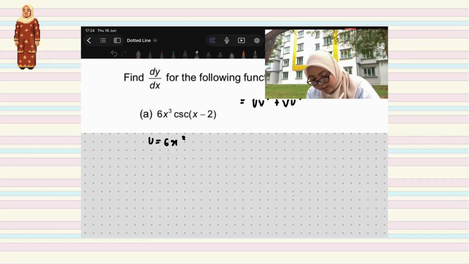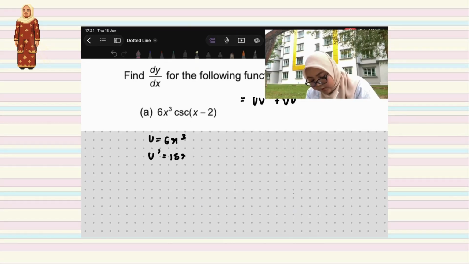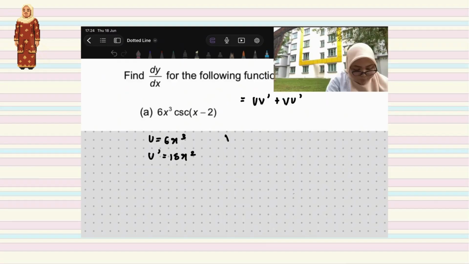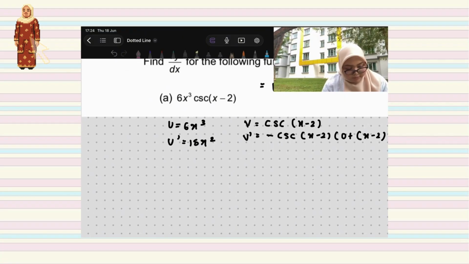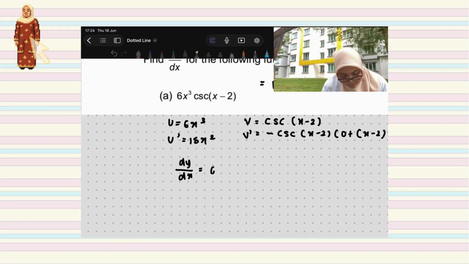We need to classify it first: u is 6x cubed and u prime is 18x squared. v is cosecant x minus 2, and v prime is negative cosecant x minus 2 cot x minus 2. We rearrange it in the formula as dy dx equals 6x cubed multiplied by negative cosecant x minus 2 cotangent x minus 2.